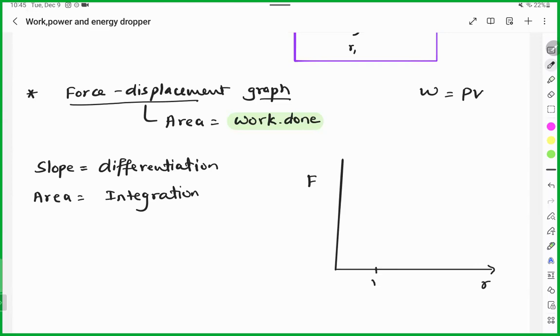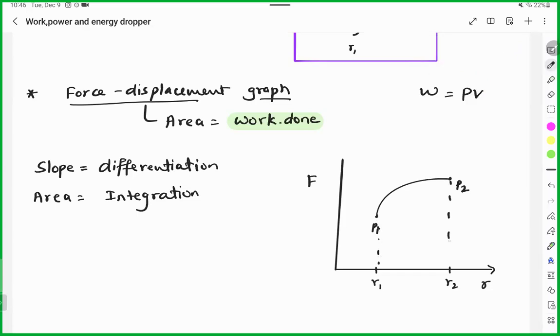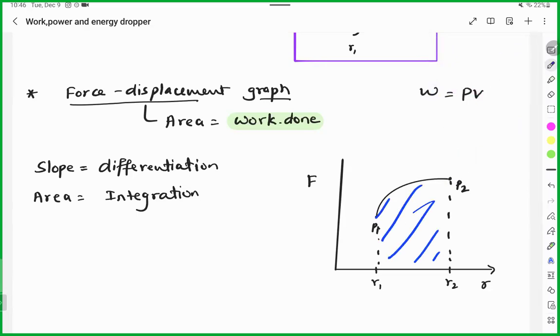Example, here you have R1 displacement, here you have R2 displacement. This is point P1, this is point P2. So from point P1 to P2, force is increasing, displacement is there. How to calculate work in this situation? Total area under this graph. So if you take this and this, the total area under this graph, this whole region will give you work. Make sense?